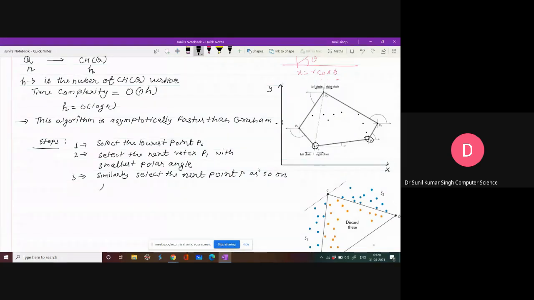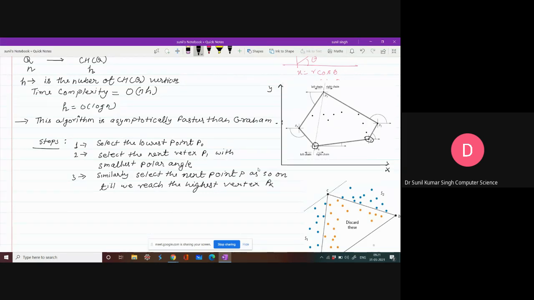Till we reach the highest vertex, let's say Pk.